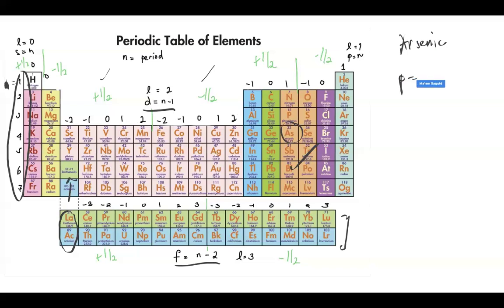Arsenic is on the P block, which means whatever the row is is also the letter N. So for how many rows is it located? It's on the fourth row. This one, fourth row, right? Okay, so that's your letter N already.